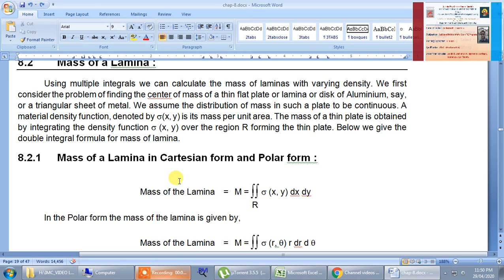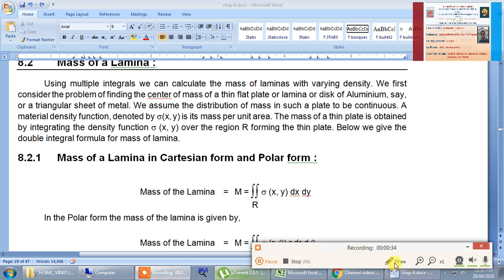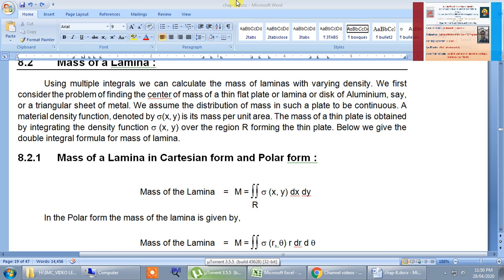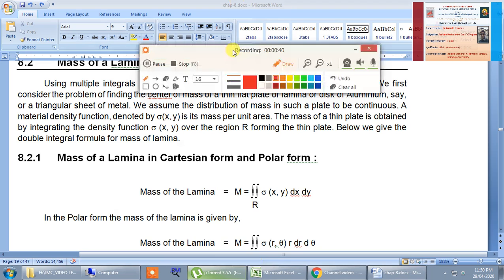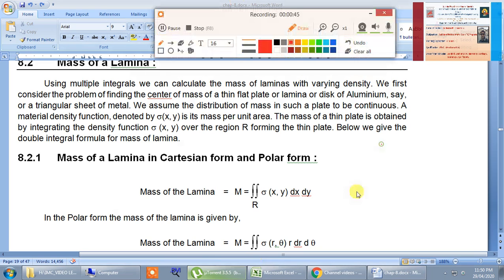the region of the lamina. Whatever may be the shape of the lamina, suppose that the shape of the lamina is like this, or like this, or even like this.